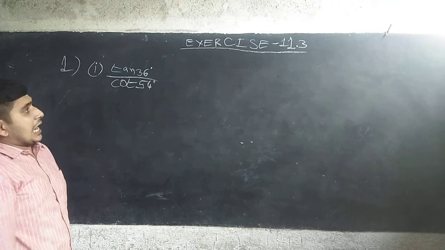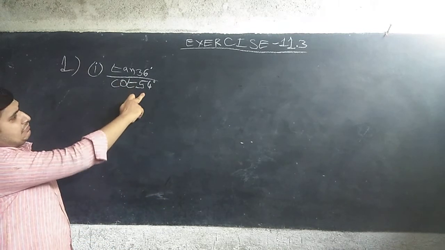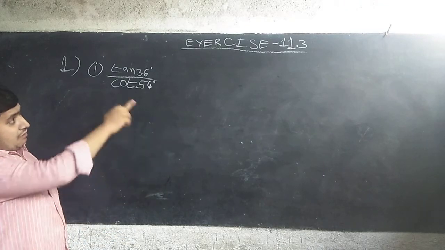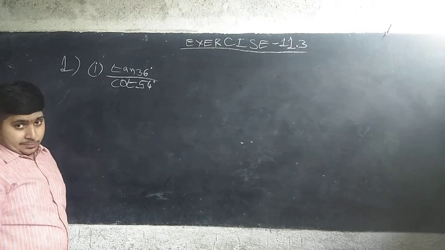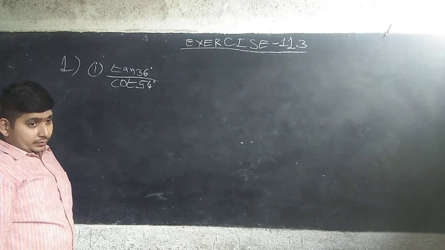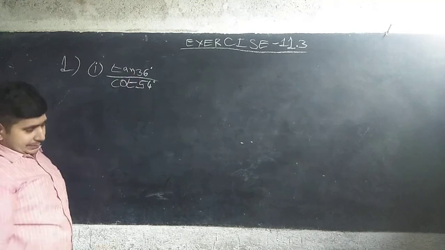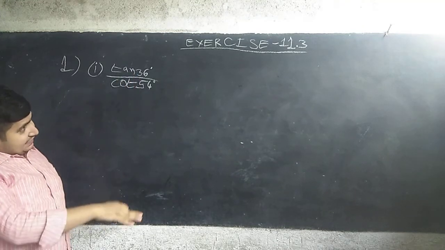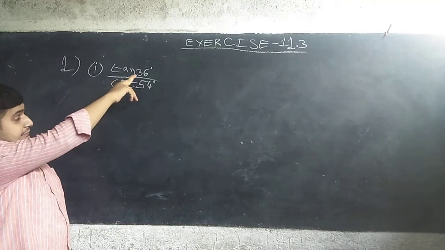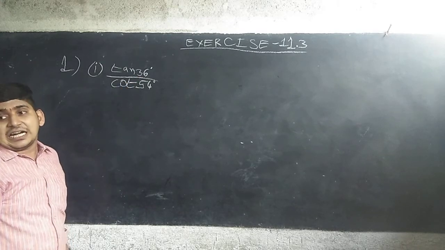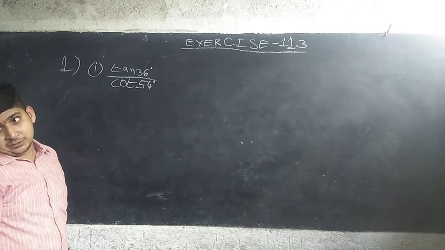In tan 36 degrees by cos 54 degrees, first of all we have to check the sum of the angles. Means we have to check whether the sum of two angles is equal to 90 degrees or not.